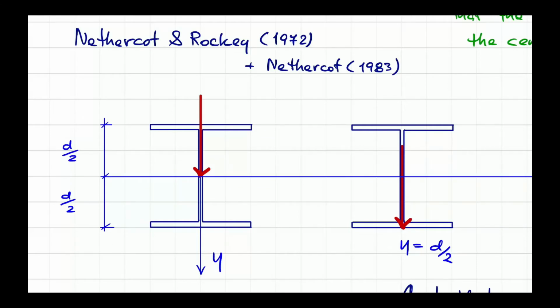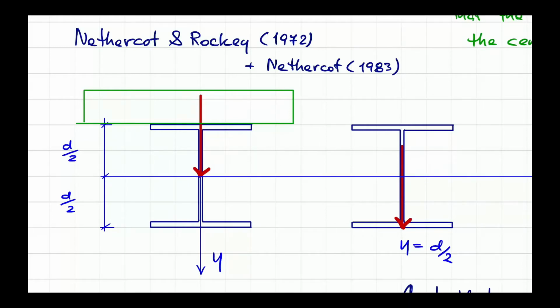But not likely. If you have the beam, you are going to cast the slab on top of the beam. You might put the hollow core, you might put the plank, whatever, right on top.